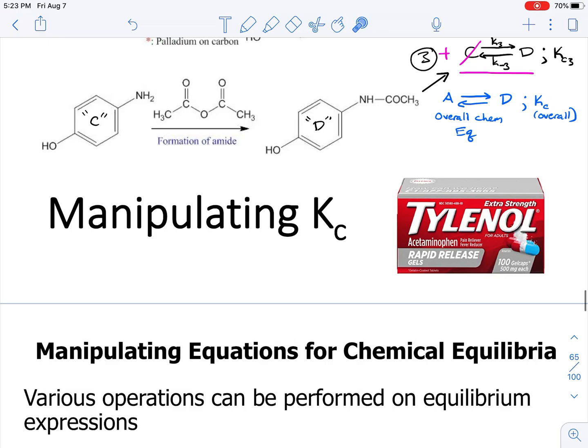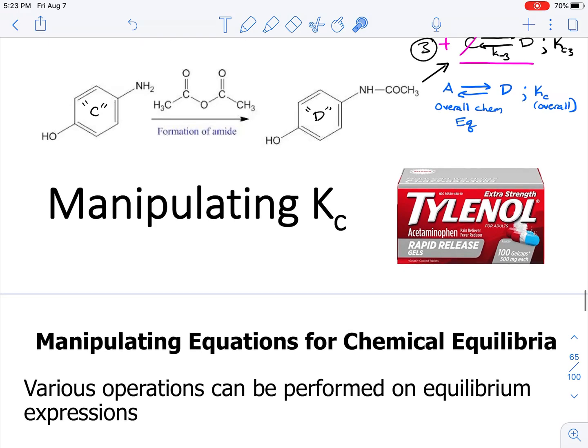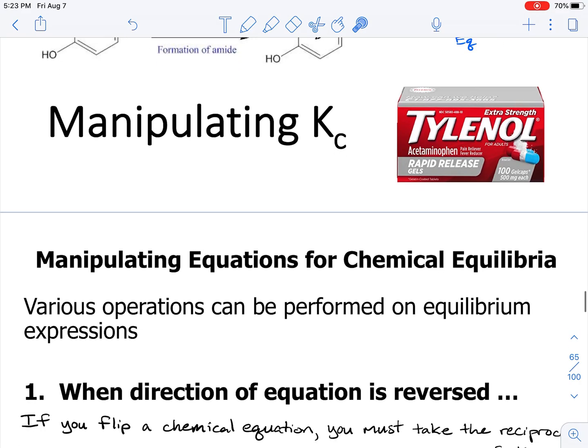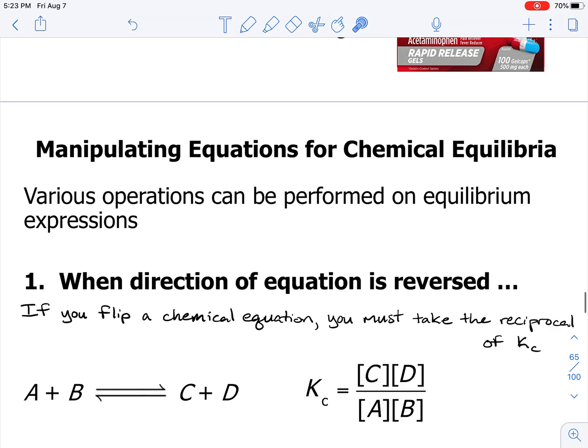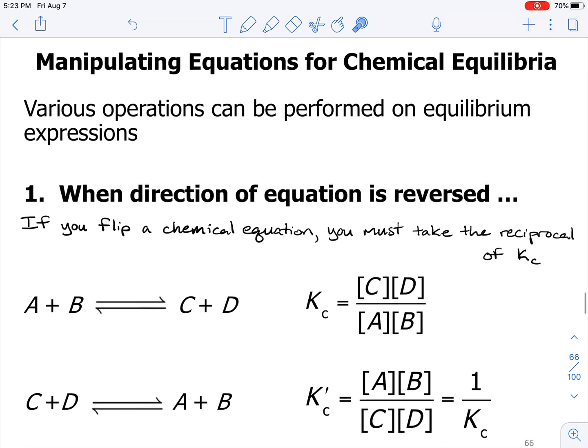Manipulating chemical equations is something that you should have been exposed to in the first semester of general chemistry. You manipulated chemical equations when you were talking about Hess's law in the thermochemistry chapter, for instance.